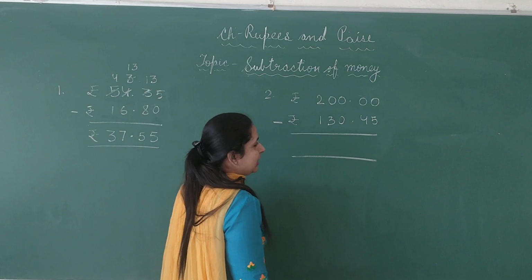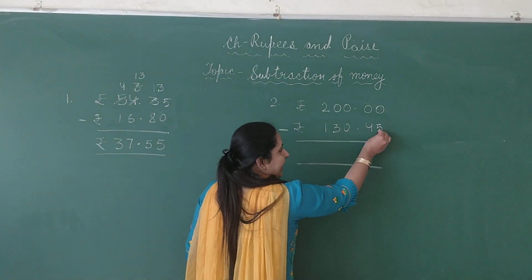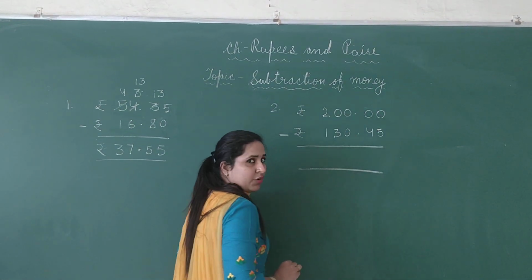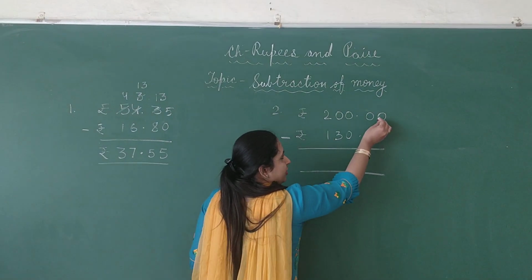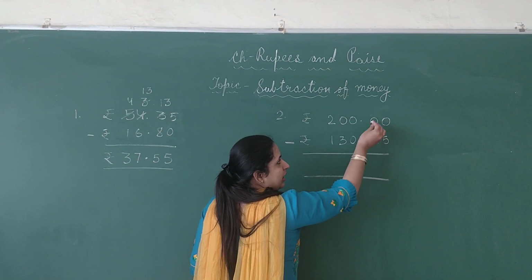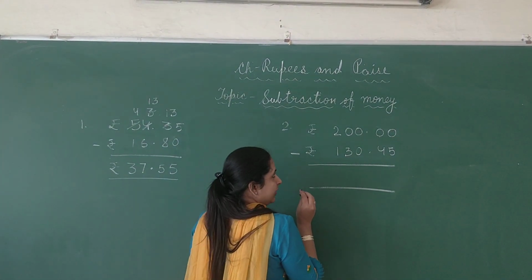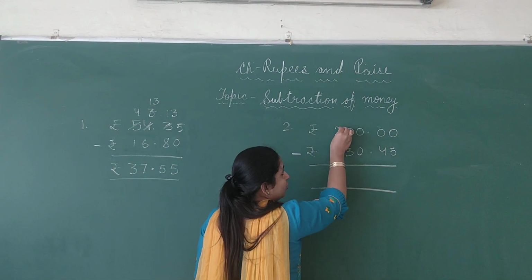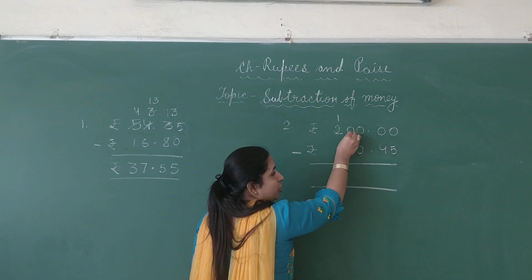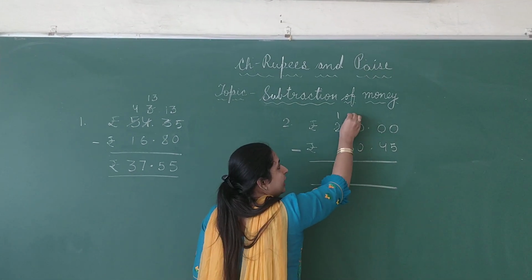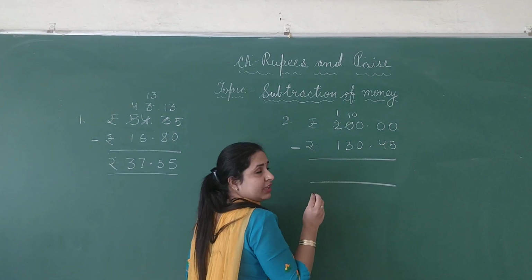So how do we start? Again in the same manner. 5 we have to subtract from 0. From 0 we cannot subtract. So this 0 will take a borrow from the left hand side. But it is also 0. Here also it is 0. So how to do this? This 2 will become 1. This 0 will take a borrow, meaning it will become 10. Okay?